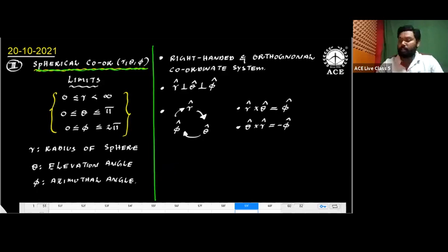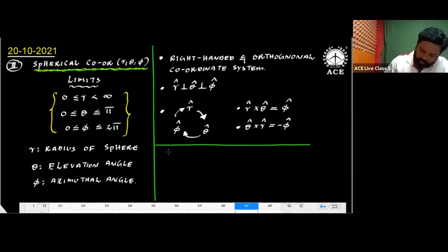This coordinate system is developed by assuming this unbound three-dimensional space as a sphere. I need to draw. Let me turn the page here. I need to justify all the points. What is the note?